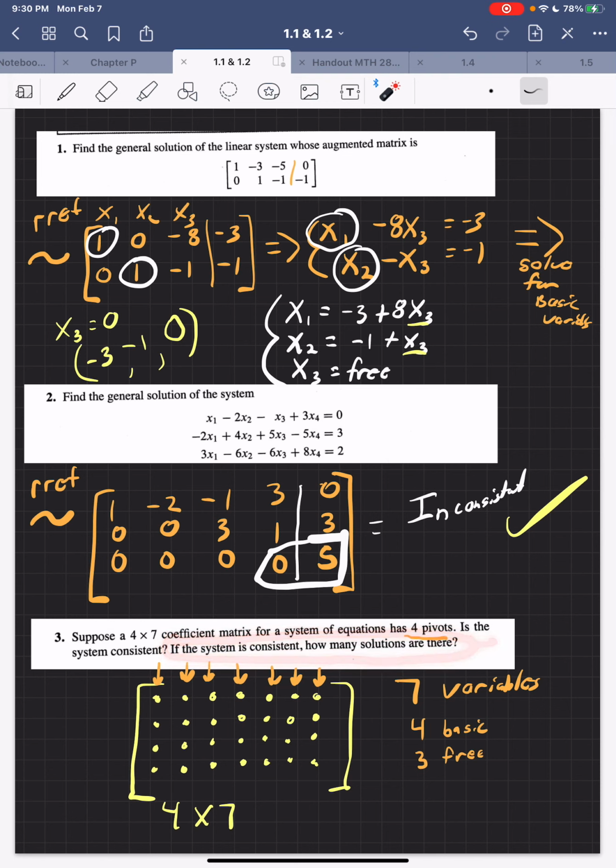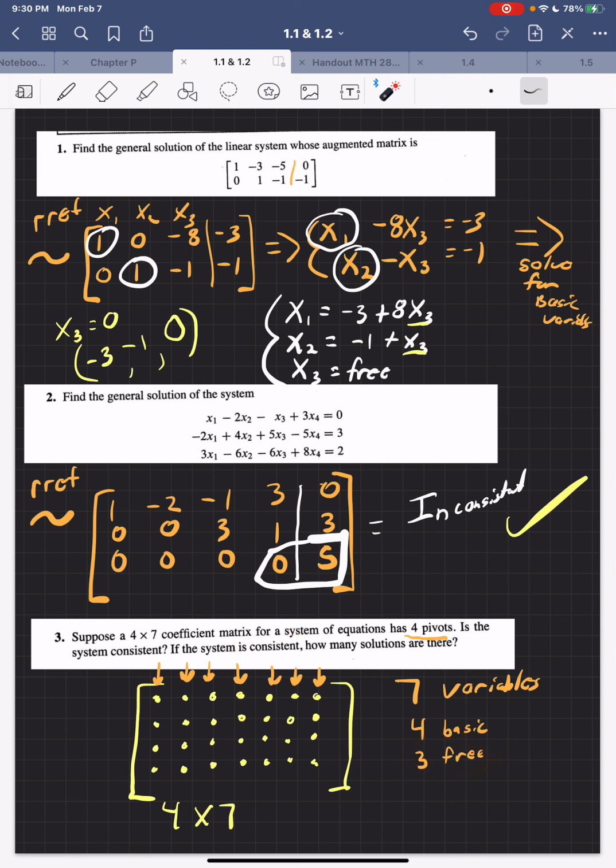If it is consistent, here's what you want to ask yourself. It has at least one solution, right? I'm going to try to say this slowly. If we assume that it is consistent, if there are any free variables, then there are infinite solutions. So if it is consistent, since we have three free variables, there are infinite solutions.